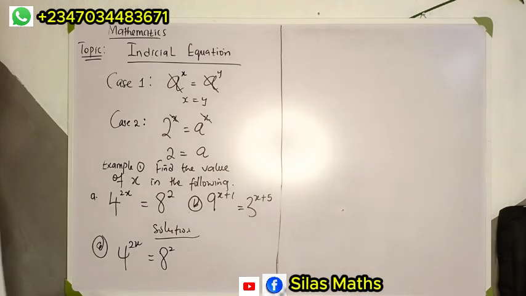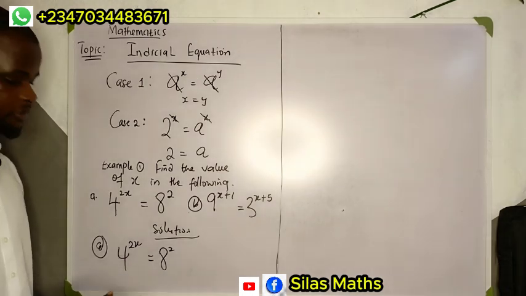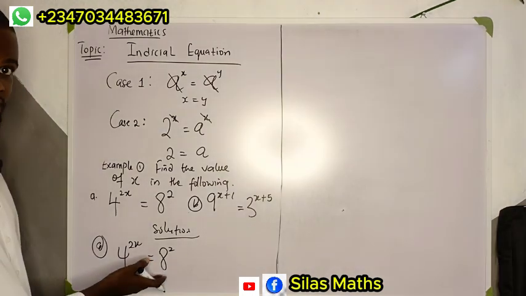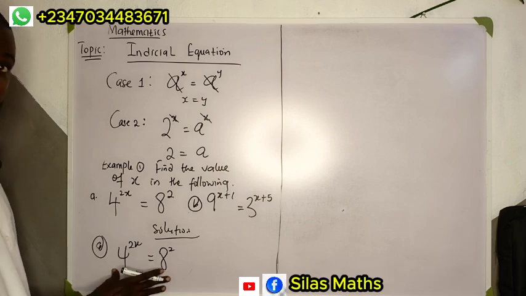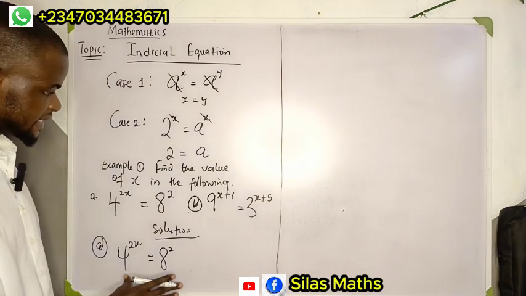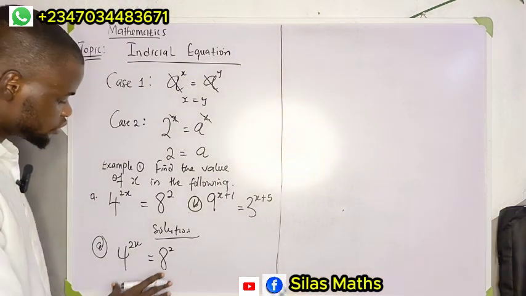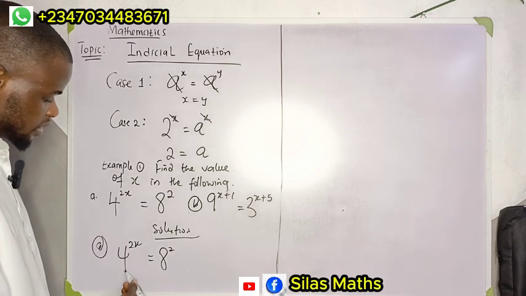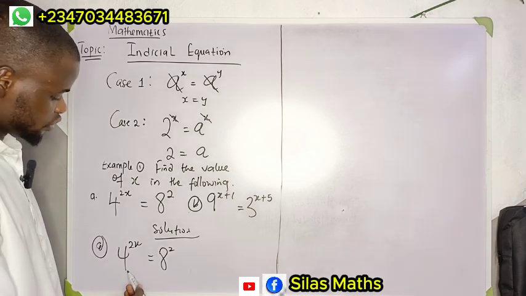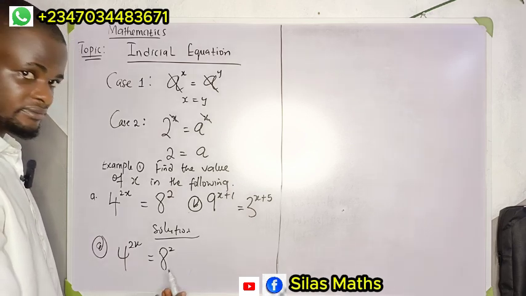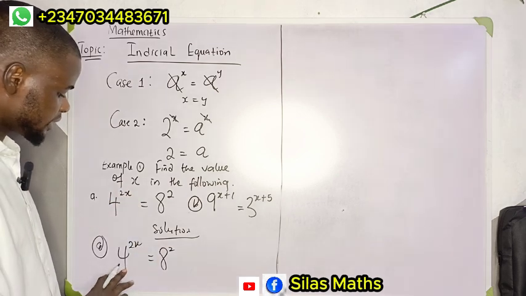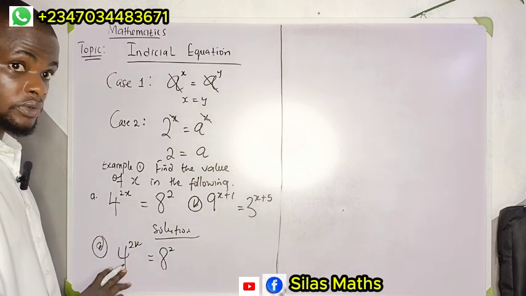Now, for me to solve this problem, I have to make sure that the bases are the same. So how do I express this equation to have the same base? I can actually express 4 and 8 as 2 raised to a power. The number that we multiply by itself to give us 4 is 2.